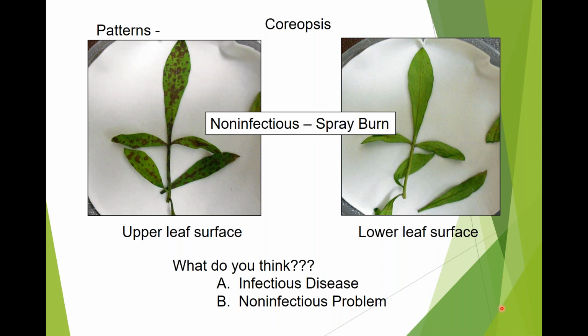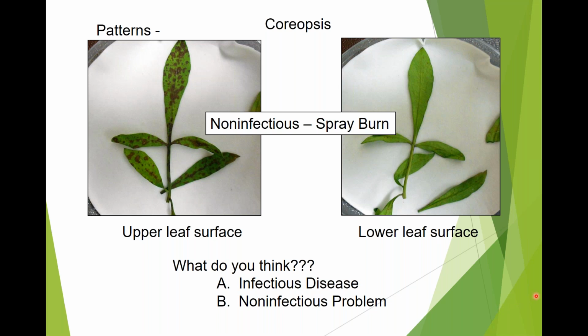It's only on the upper surface of the leaf. Most leaf spot diseases will actually infect the tissue, and you will see some sort of discoloration on the underside of the leaf. But in the case of spray injury, many times it doesn't penetrate all the way through the leaf. And so you have discoloration on the upper surface and nothing on the lower surface.